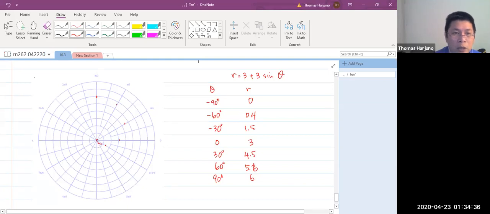So it looks like this. That's what it looks like. And you use the coordinates that you had earlier. You kind of reflect that to the left. 5.6, 4.5, 3, 1.5, 0.4.